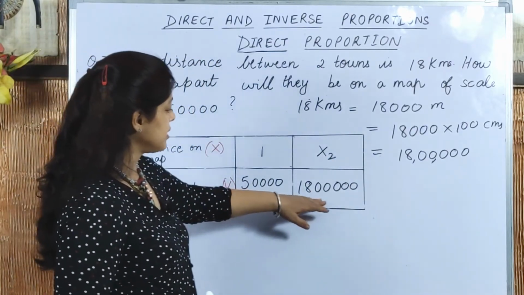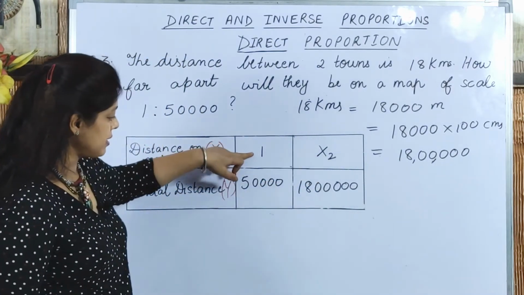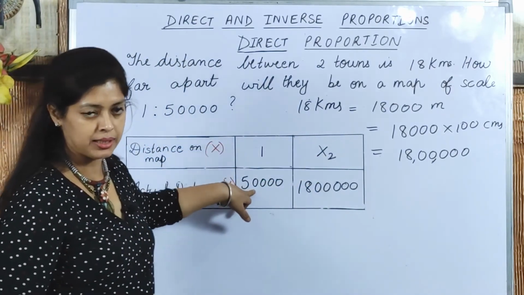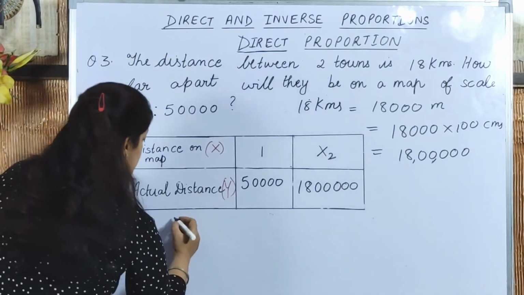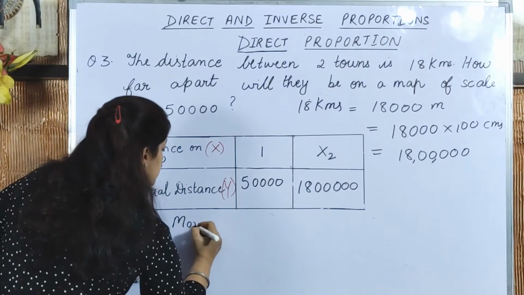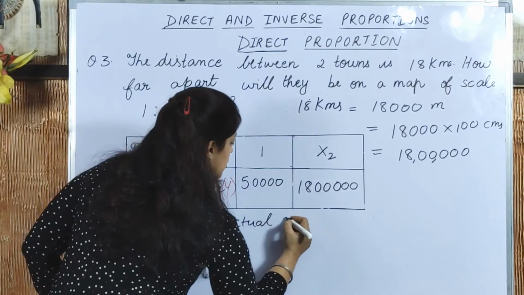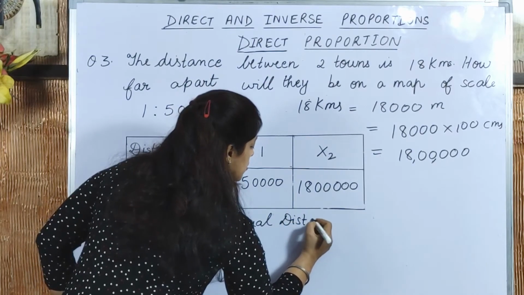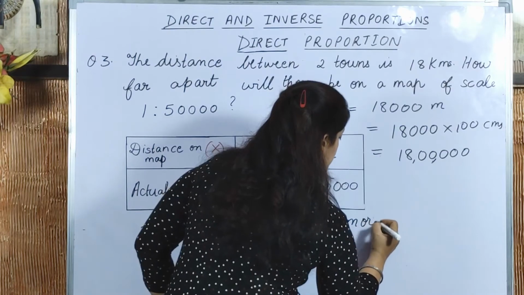So if actual distance is more, the distance on map also will be more. Actual distance is less, distance on map also will be less. So it is a case of direct variation. So more actual distance, more distance on map.